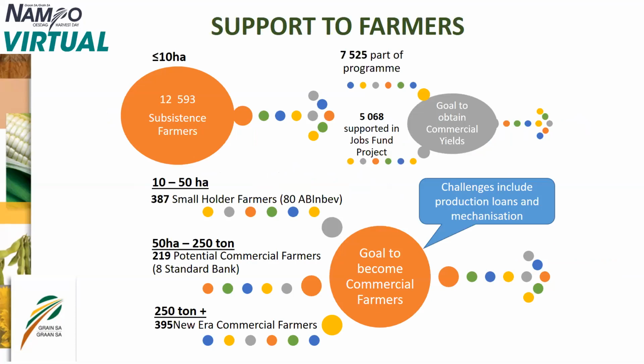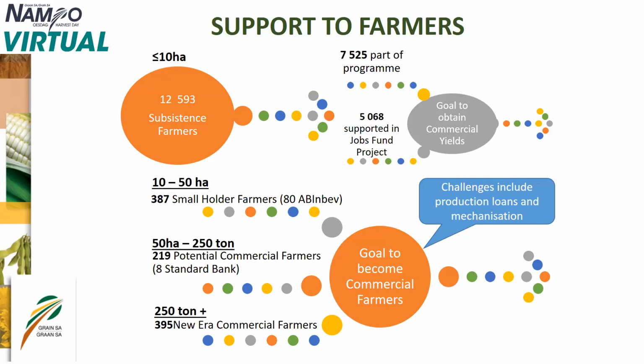In our program, we've got different categories in terms of what type of producers is supported. That is from small subsistence farmers, which is basically farmers that produce for household consumption, and that goes through to the bigger producers that have the resources to get onto a commercial basis.